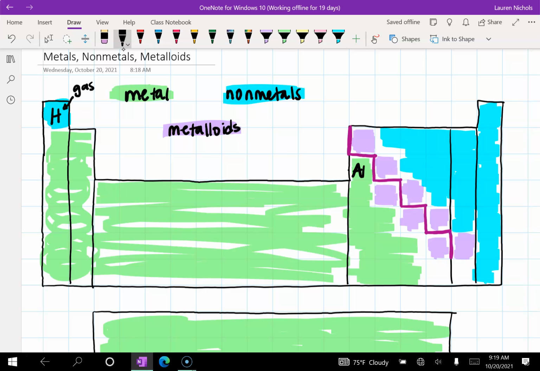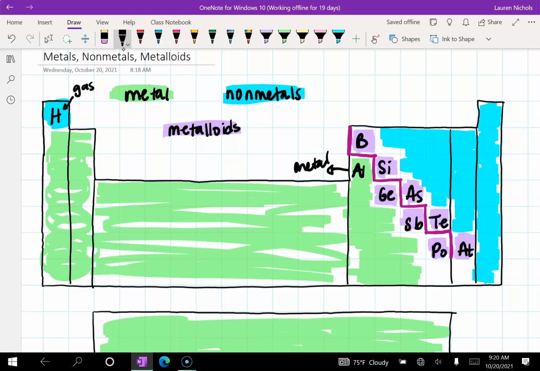Aluminum is indeed a metal, but the other ones, so boron, silicon, germanium, arsenic, antimony, beryllium, polonium, and astatine are all metalloids.